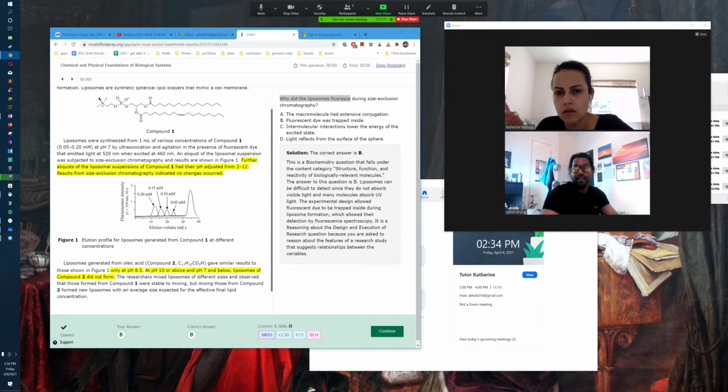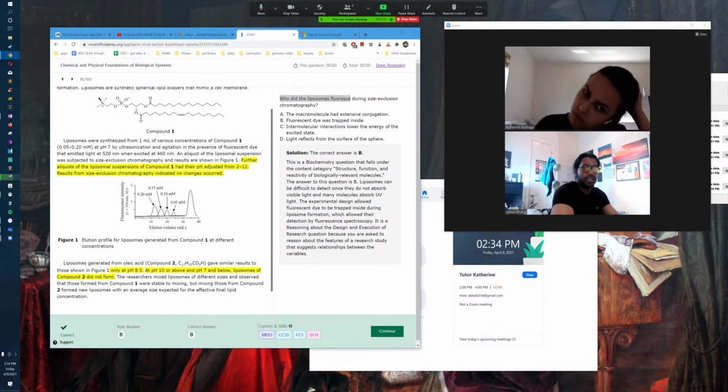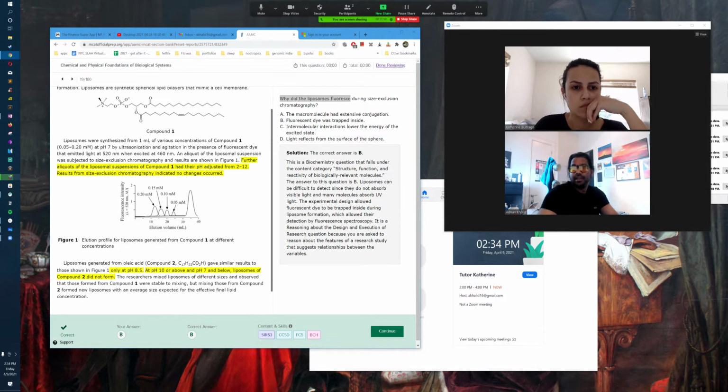Kind of, but specifically conjugation, which is conjugated double bonds. So they look like that, a double bond, single bond, double bond. And these give off light, basically. So that's why pigments and things have extensive conjugation. Right?